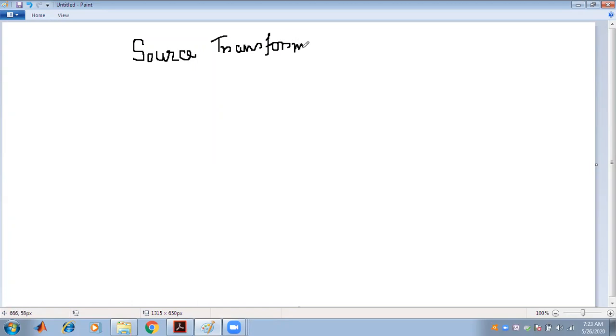This is known to us as source transformation. How will we approach the process of source transformation?